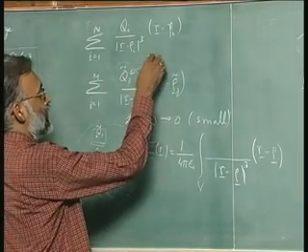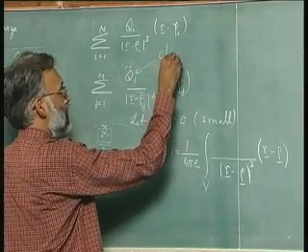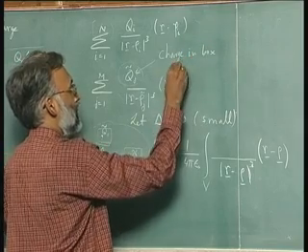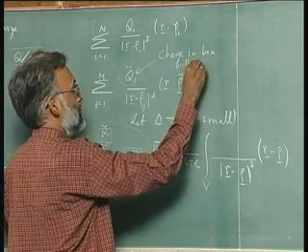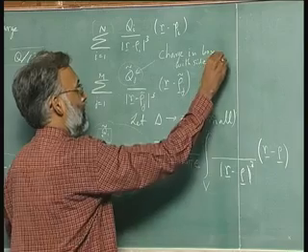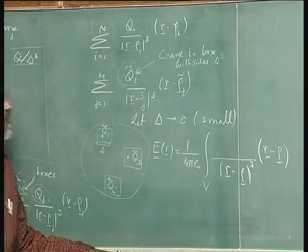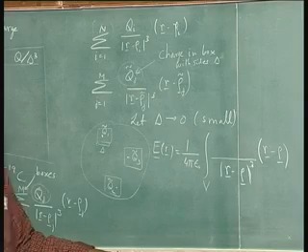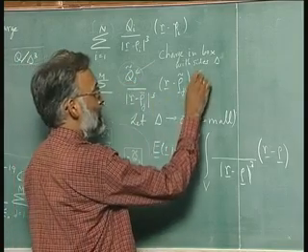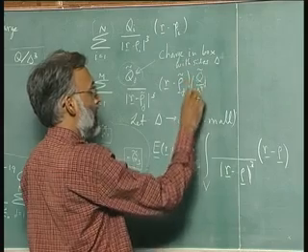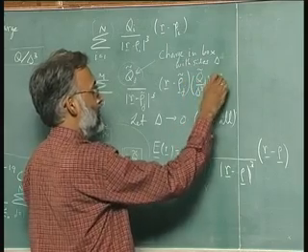This qj tilde is charge in a box with sides delta cubed, with sides delta. So, what does that mean? I can write this qj as qj tilde divided by delta cubed into delta cubed.